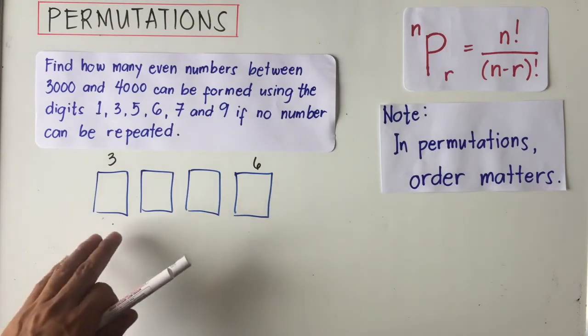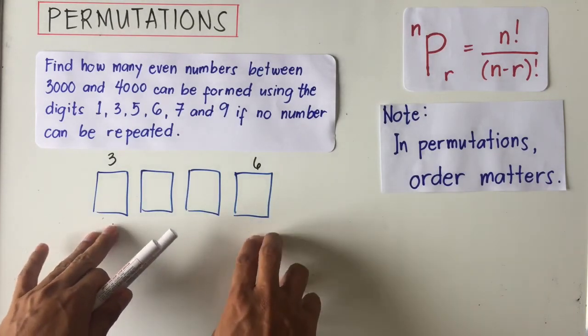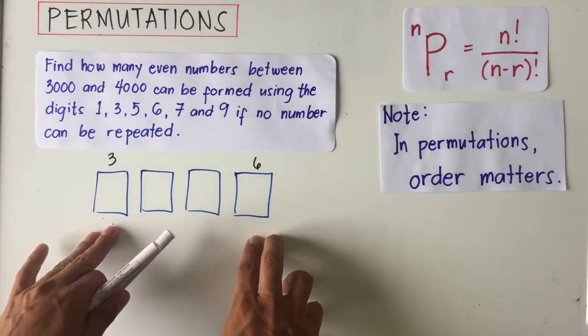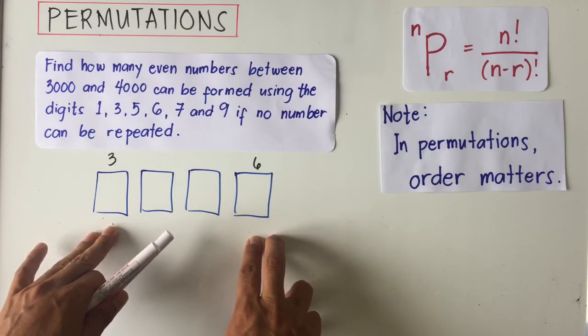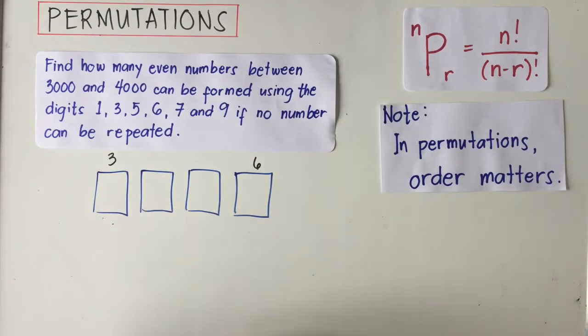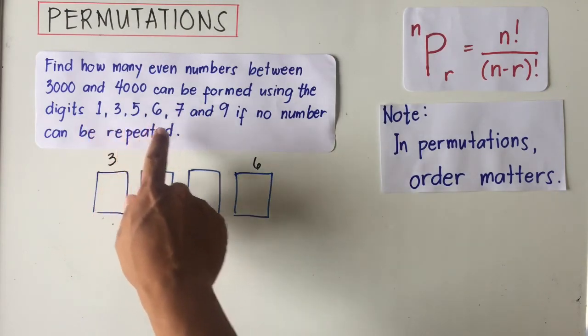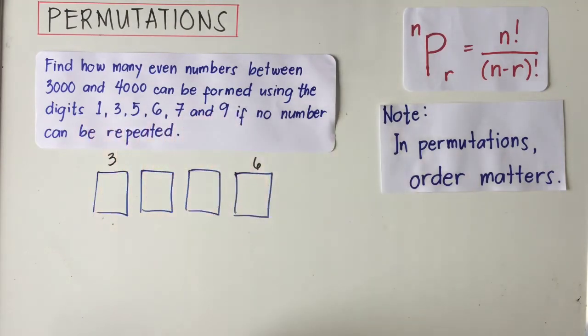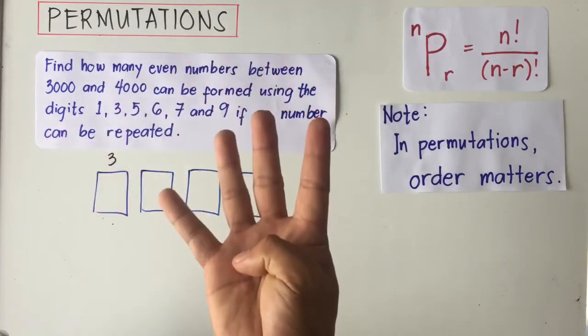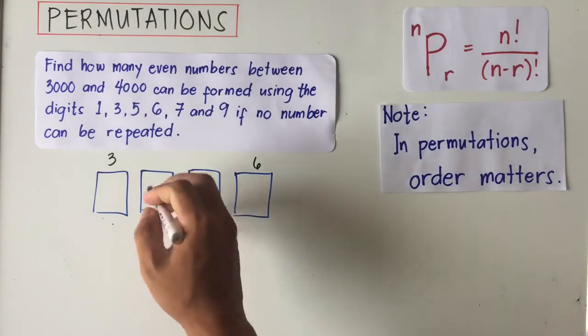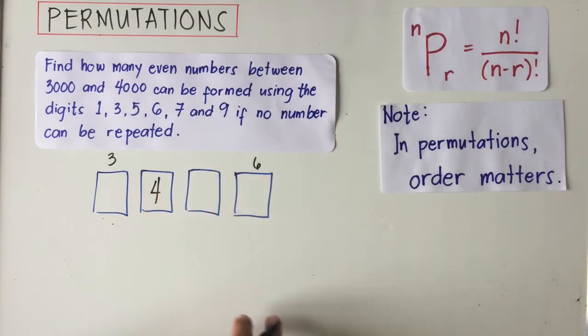Definitely the first box and fourth box are already filled in. How many choices do I have for the second box? I have 1, 5, 7, and 9. I have 4 choices, so here I'll have 4.